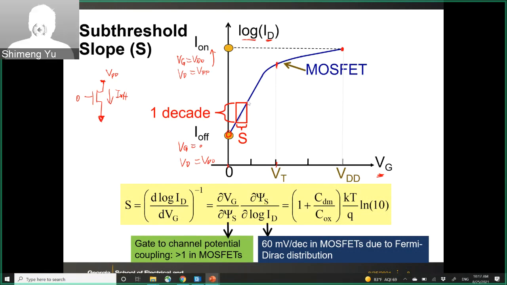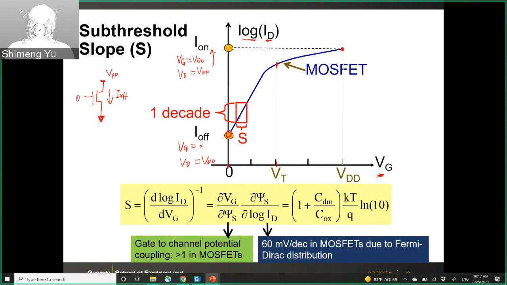Okay, and then the subthreshold slope S is defined as 1 over the slope in this curve. So it's defined as the derivative of the log ID over VG, and then 1 over that.